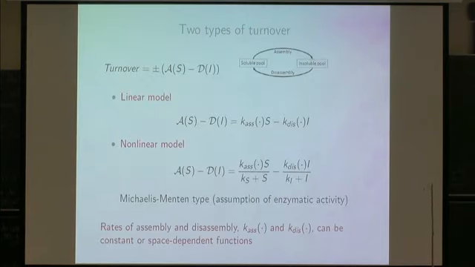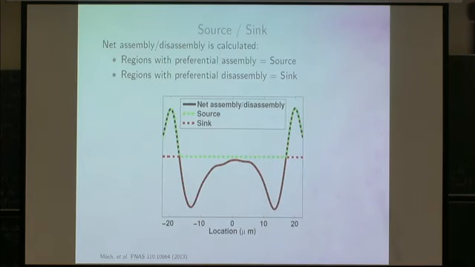Okay, so we have two types of turnover, and as you notice, we can have a constant rate or a space-dependent one. Space dependent, why? Because from the data, they observe some preferential areas of assembly and some of disassembly, so we wanted to take that into account.